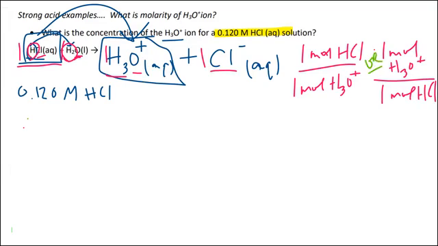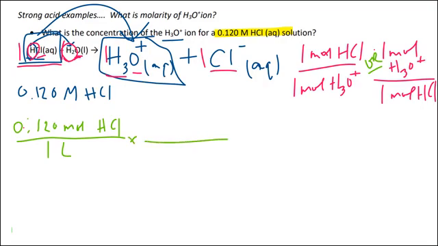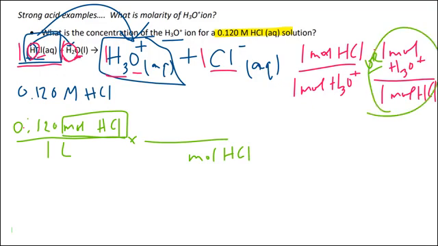So if I have 0.120 molarity of HCl, remember that that is equal to 0.120 moles of HCl for every 1 liter. And then I need to choose that ratio that has moles of HCl on the bottom, which would be this guy. And again, it's a 1-to-1 ratio.